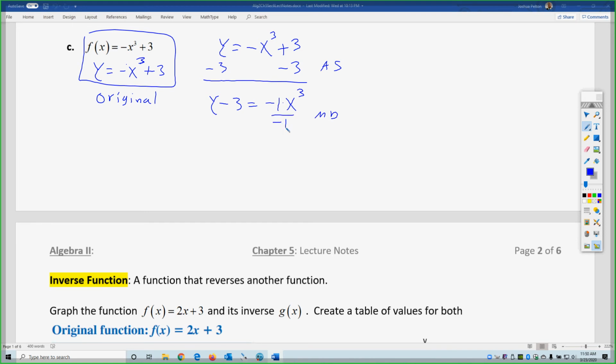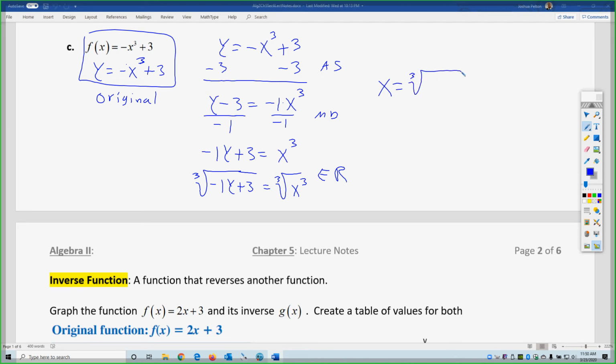So we're dividing by a negative 1. So negative 1 times y minus 3 equals x cubed. And now we'll do the exponent radical step. So cube root of negative 1 times y minus 3 equals the cube root of x cubed. Gives us x equals the cube root of negative y plus 3.